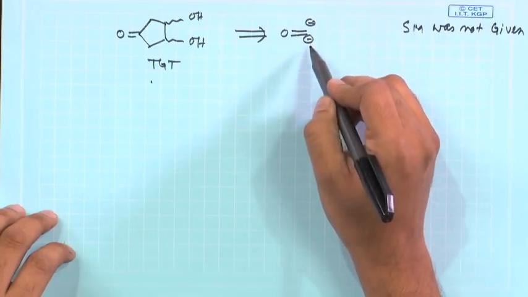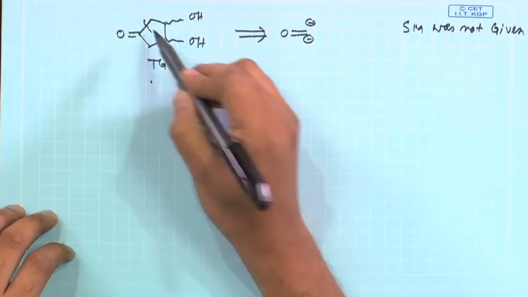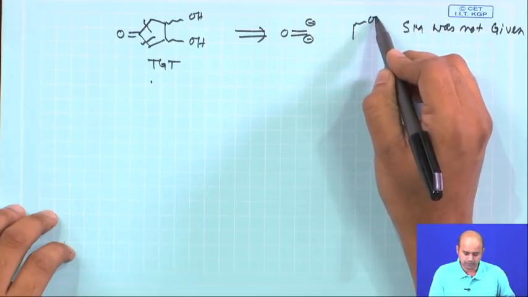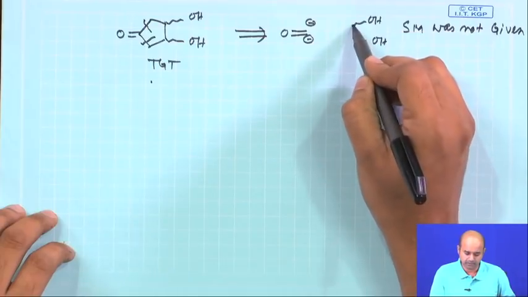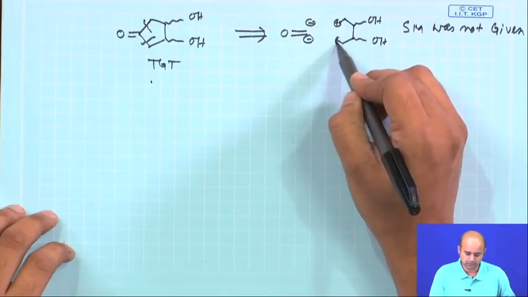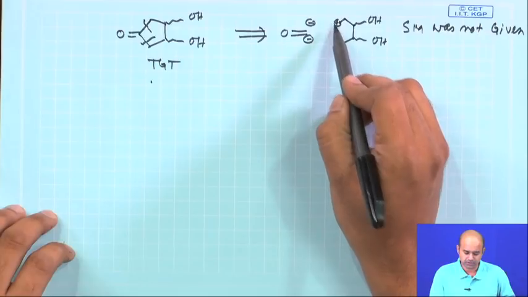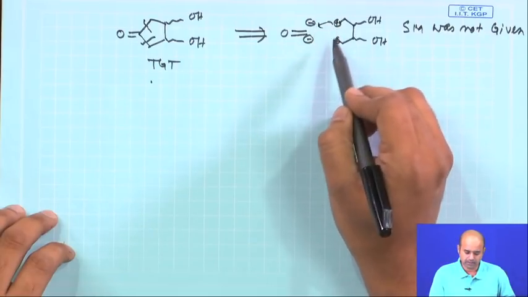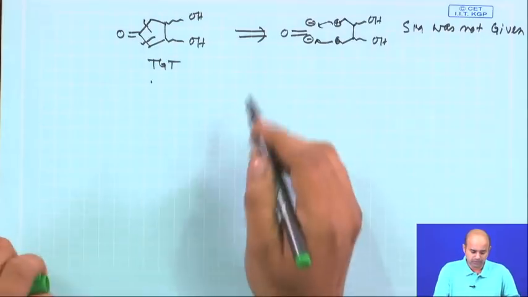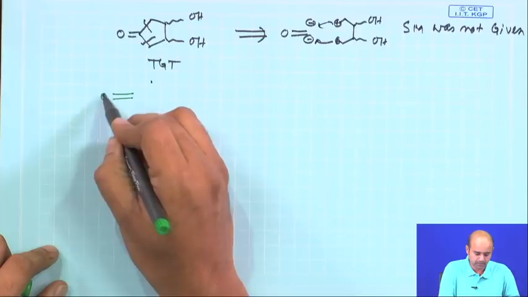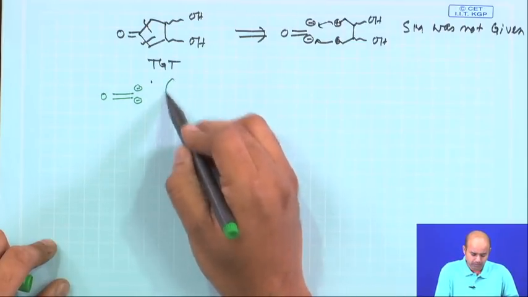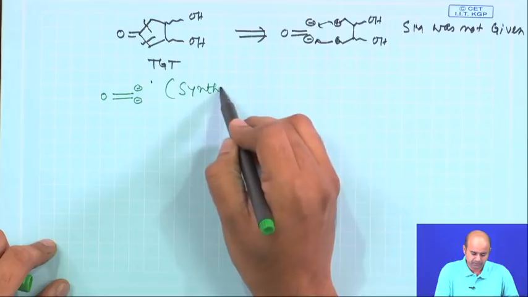I am putting two negative charges here by doing a disconnection something like here, and then you say that if you have a compound something like this as an intermediate, as a CH2 plus and a CH2 plus, meaning you have a positive charge at both ends, it can be connected to this double negative charge species, and the main thing is you have to think about some species which will give you a doubly charged negative carbonyl compound.